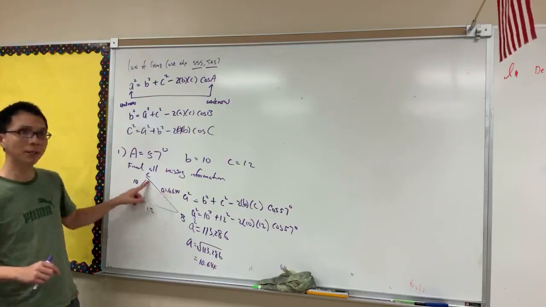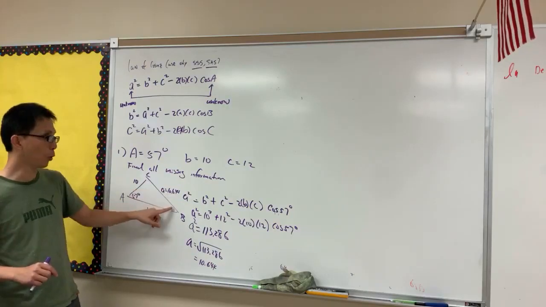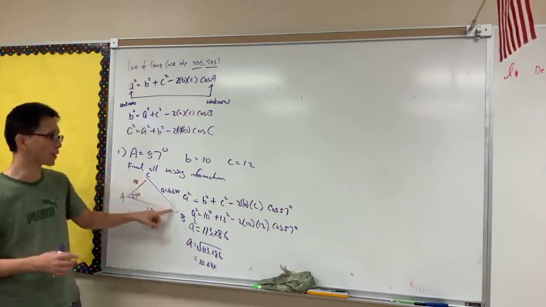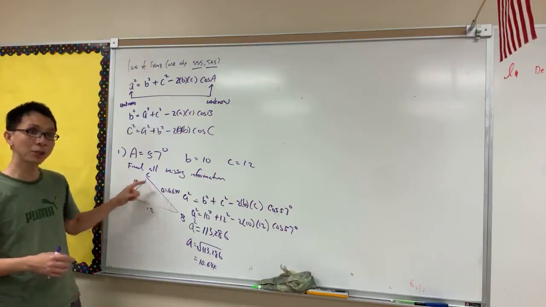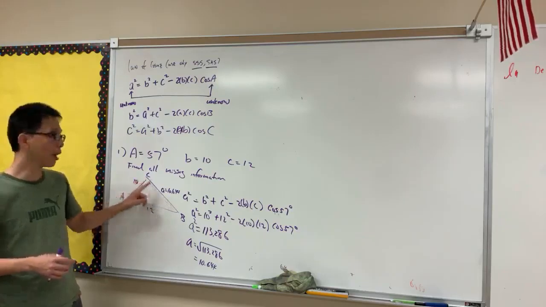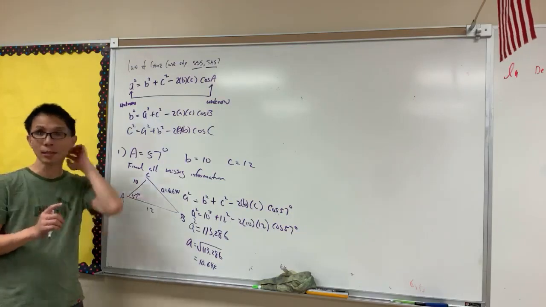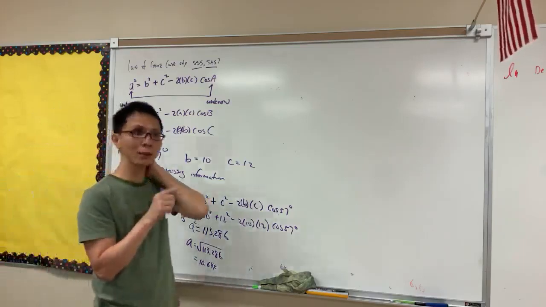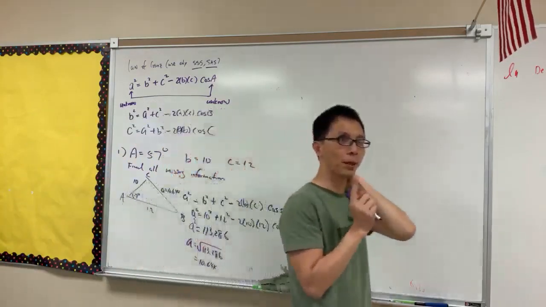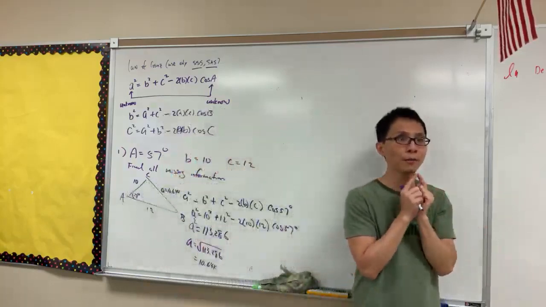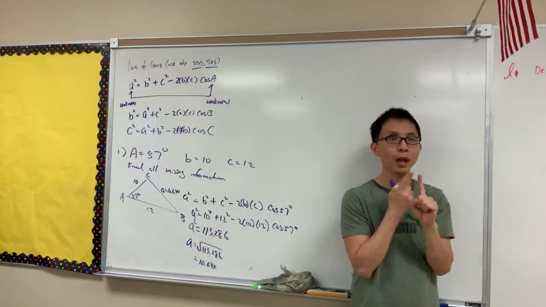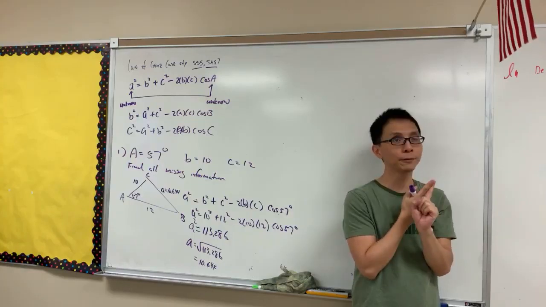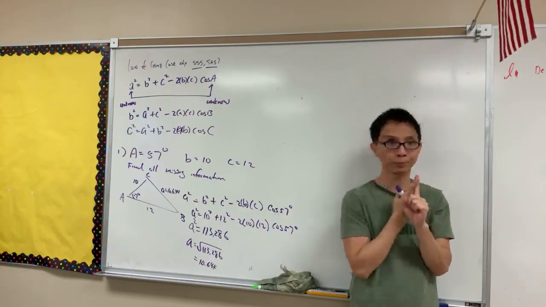Now I can use law of sine to find C or B. You can use law of cosine also, but law of cosine could be more precise. Law of sine has one issue, which I never mentioned when I taught it: law of sine does not work if the angle you're looking for is obtuse.